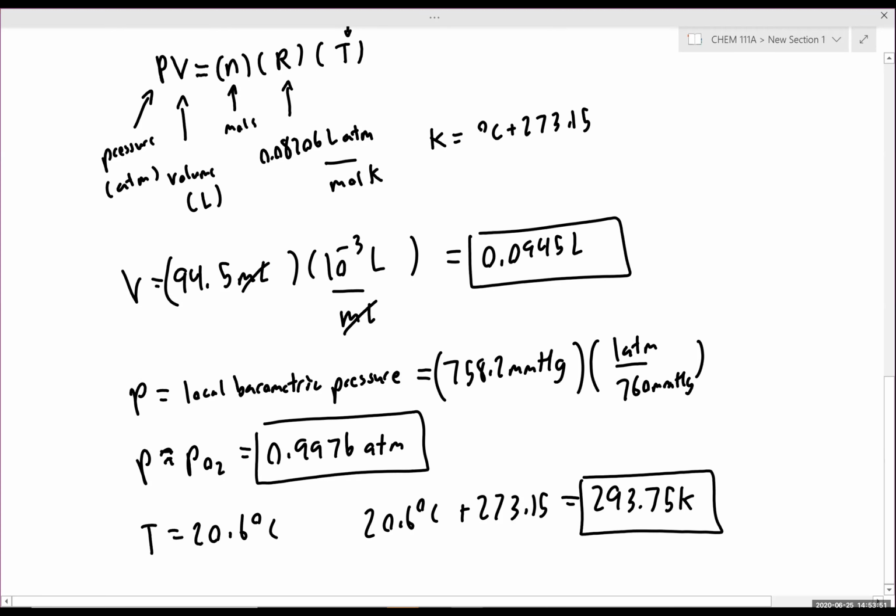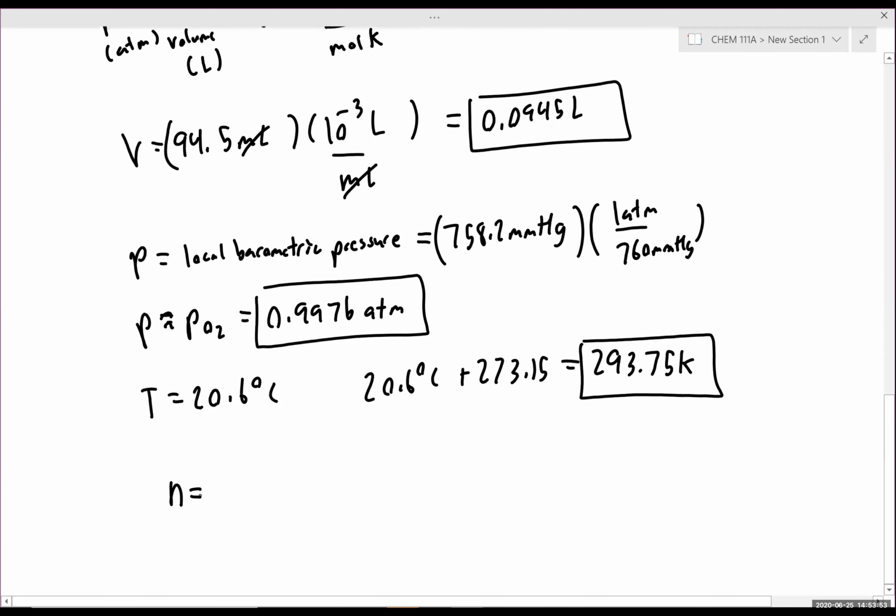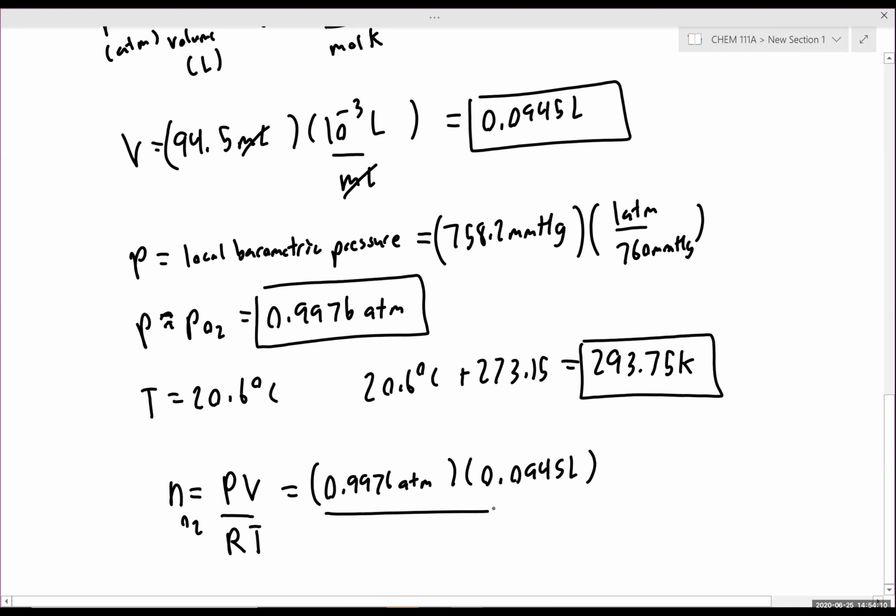Now we can solve, and we can say the moles of oxygen are equal to PV over RT, where we take the pressure, 0.9976 atmospheres, times the volume, 0.0945 liters, over R, which is 0.08206 liter atmosphere per mole Kelvin, times the temperature, 293.75 Kelvin.